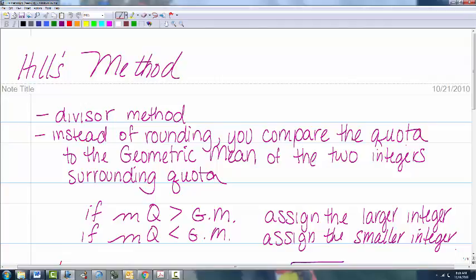You're going to find out that this is the method I think that's used to this day, as far as the House of Representatives, the numbers assigned out. Okay, it's called a divisor method. A divisor method is when you divide by the divisor and you miss, then you have to modify the divisor.